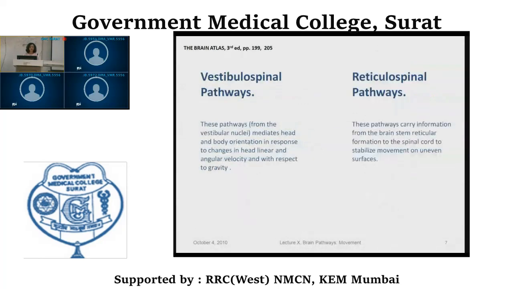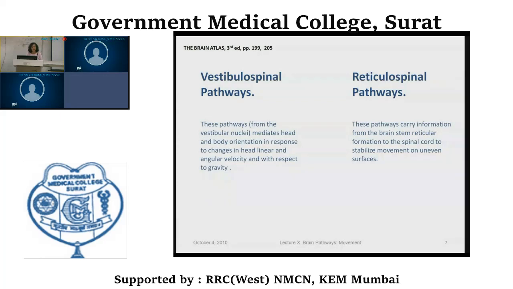The other extrapyramidal pathways are the vestibulospinal pathway and the reticulospinal pathway. The vestibulospinal pathways arise from the various vestibular nuclei, that is, all four vestibular nuclei: medial, lateral, superior and inferior.